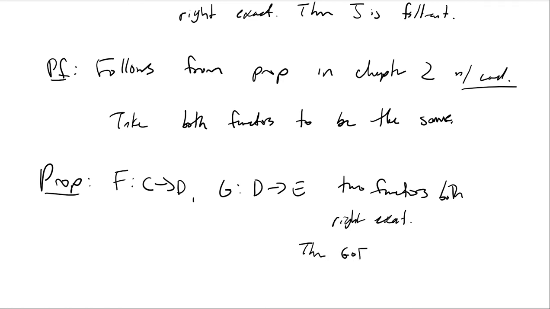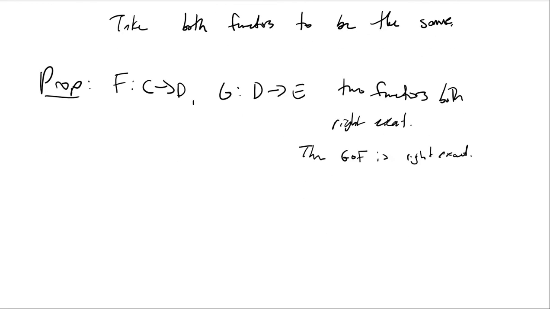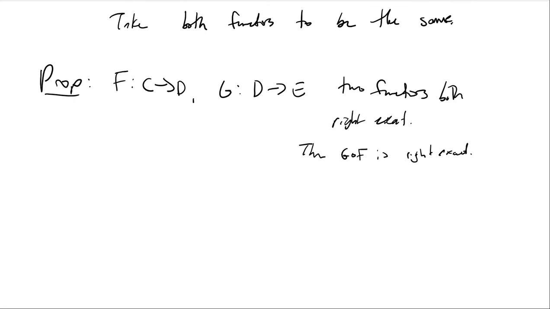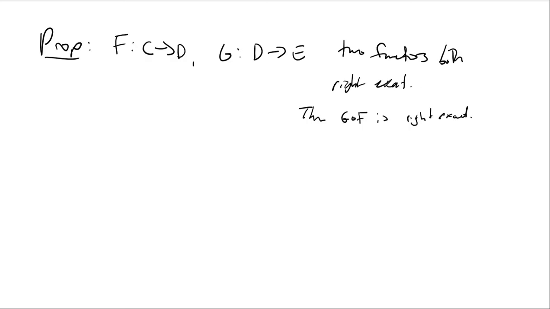Then G compose F is right exact as well. And of course, in commutative algebra, this is very easy because if your definition is preserves exact sequences, then they both preserve exact sequences, so you're done. But here we have to give a slightly different proof because we don't have exactly that notion, but we have this generalized notion. So what do?